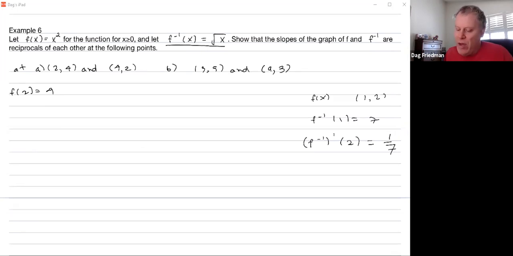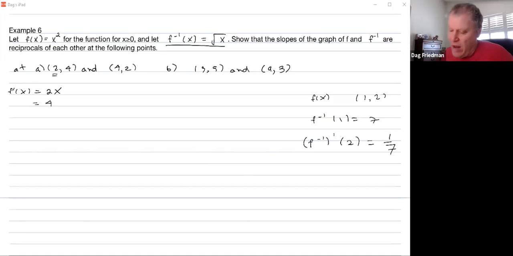The way we can do that is to look at the slopes of each of these functions. Let's look at the slope of f of x evaluated at 2. So f prime of x, I think you guys would agree, equals 2x. If we evaluate that at 2, we get 4.